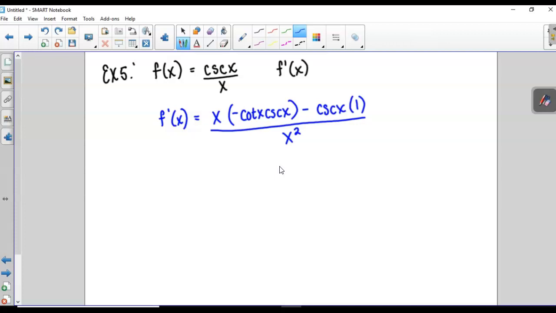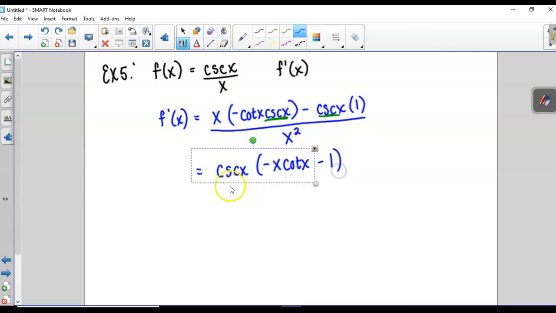Okay, so then we have cosecant in both of these right here. So we could factor that out. So you'll probably see it written like this. Cosecant of x times negative x cotangent x minus 1 all over x squared.